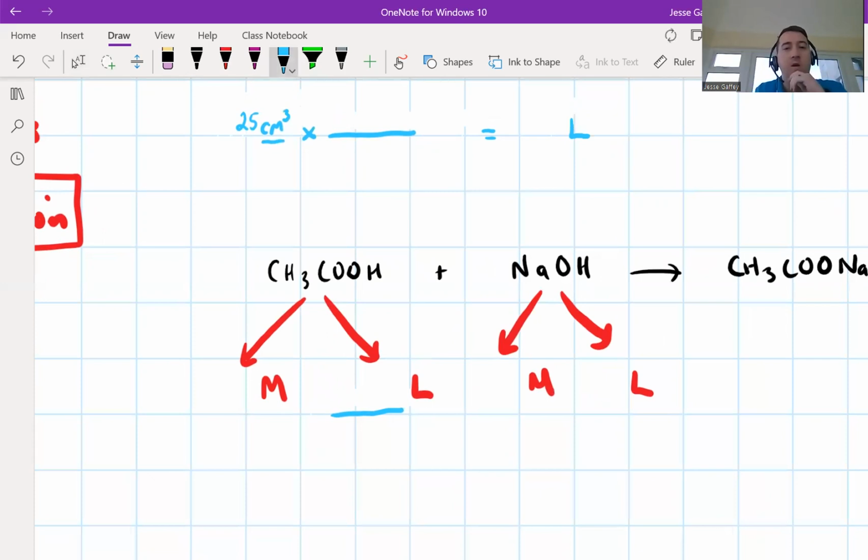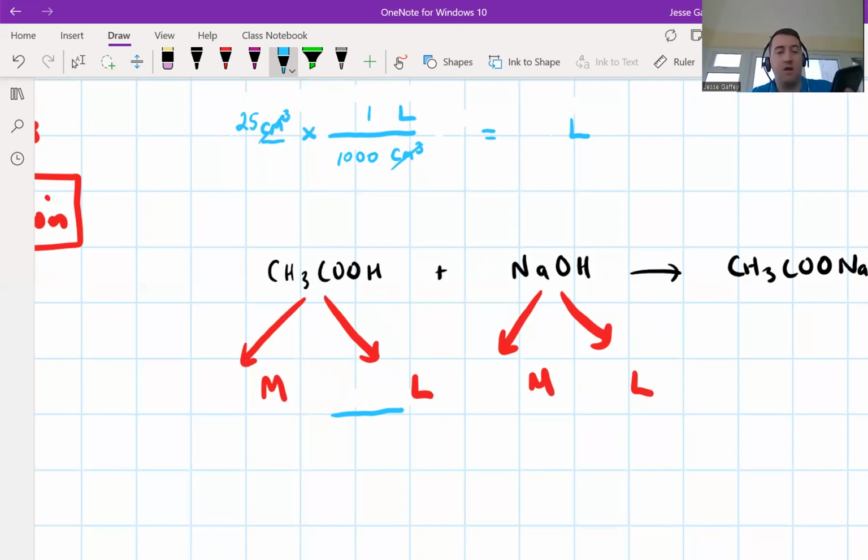So make sure centimeters cubed is on the bottom, so they can cancel, and liters is on the top. And what's the relationship between centimeters cubed and liters? Well, for every 1 liter, there are 1,000 centimeters cubed. So now we have a sum to do. We've got 25 centimeters cubed, so I'm going to do 25 times the fraction button, 1 over 1,000.